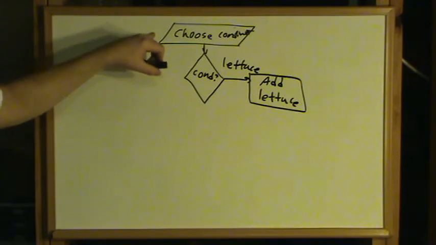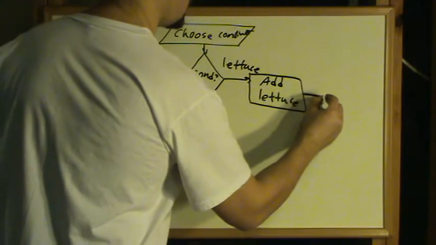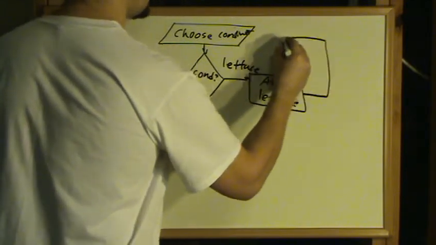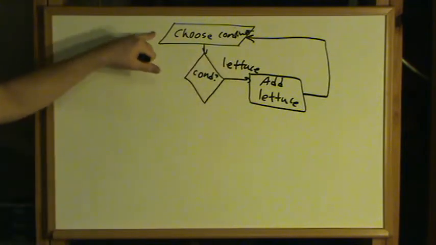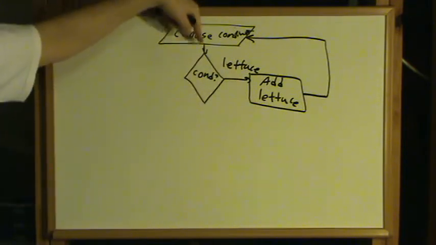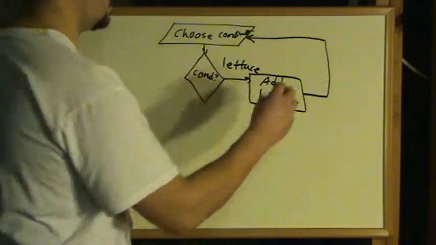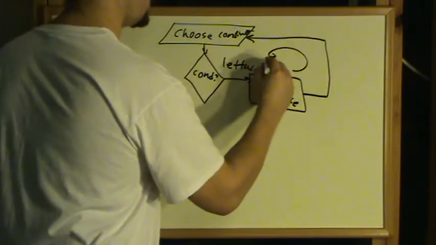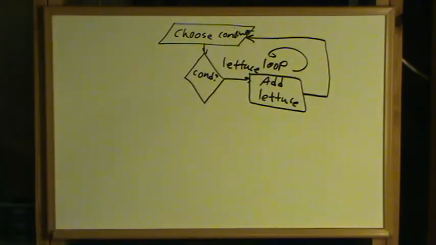We're going to ask them again, would you like another condiment? So we're going to actually go back in the flow, back to a previous step. You see how the arrows form a loop? That's why this is called a loop. Makes sense?